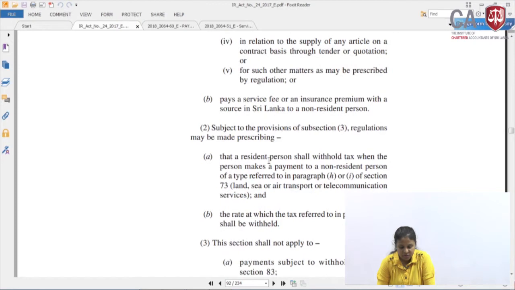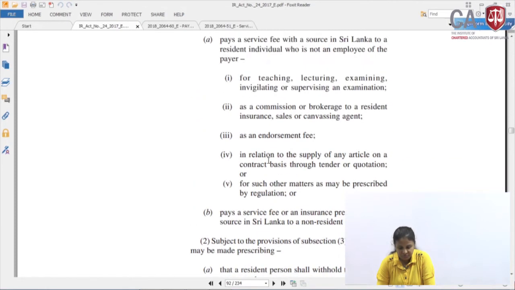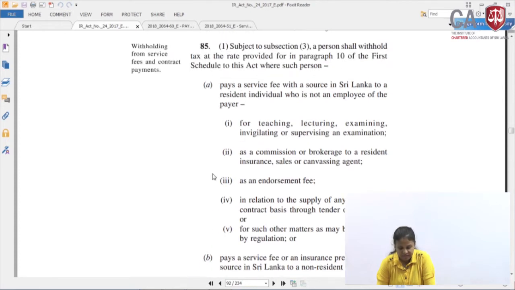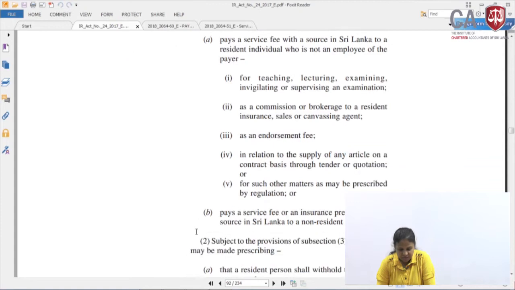Then if I go to this part, A, B, come to this B, 85 subparagraph 1, paragraph B. Pays a service fee. See, this is the wording you need to look at. Service fee means any service fee or an insurance premium. That's why in summary these two are included.